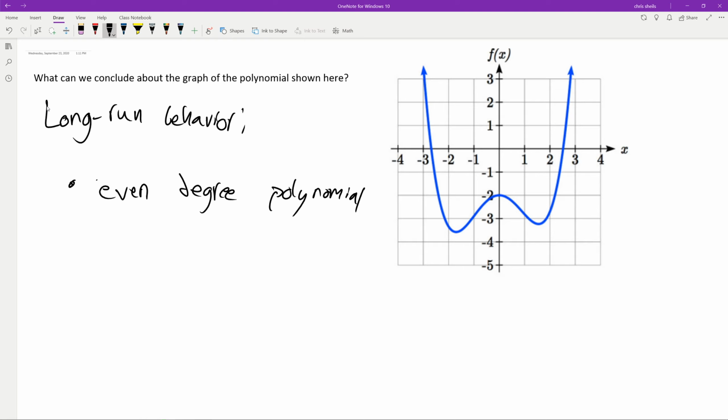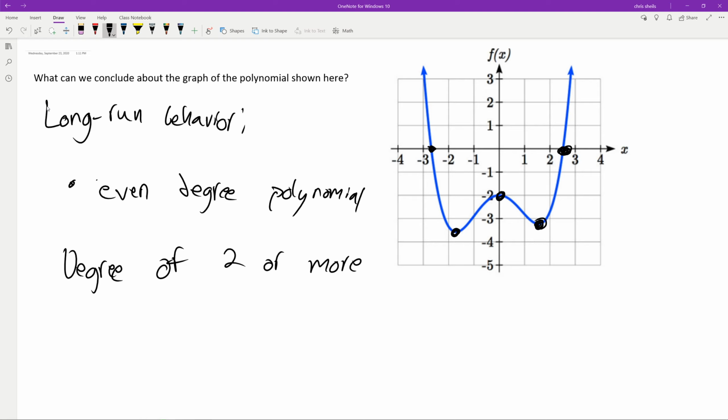This graph has 2 horizontal intercepts, one here and one over here. This means that it has degree of 2 or more. And this graph has 3 turning points.